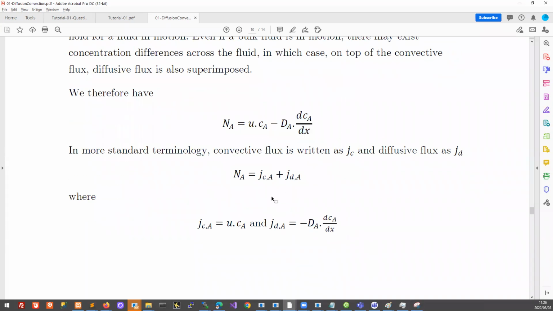And that's just using the flux notation, the J notation, right? So all that we defined before.